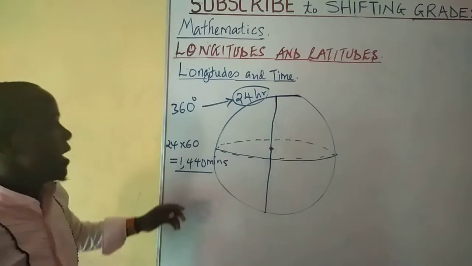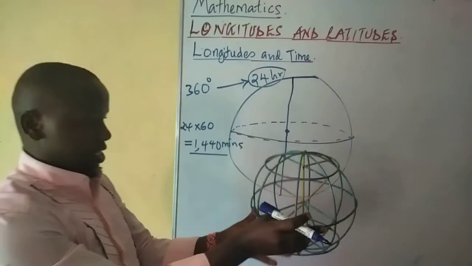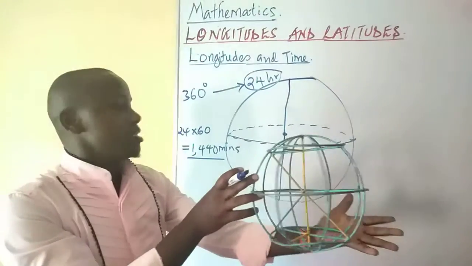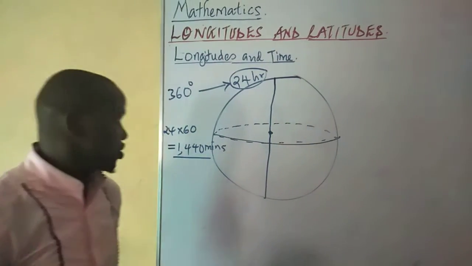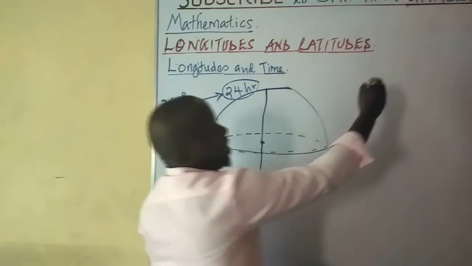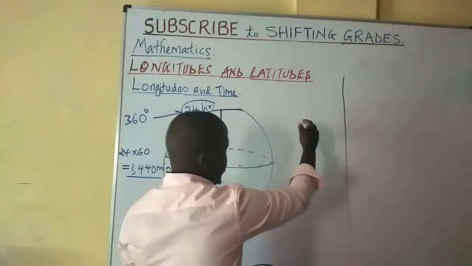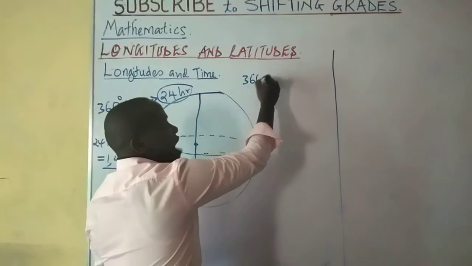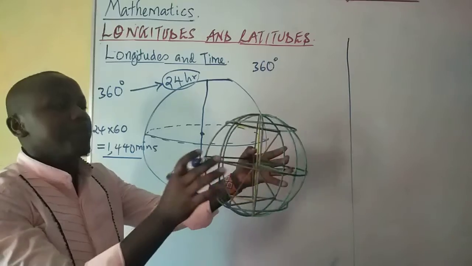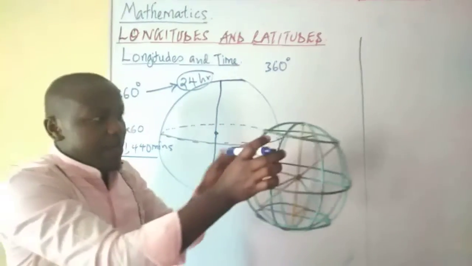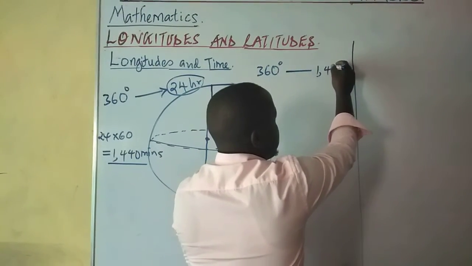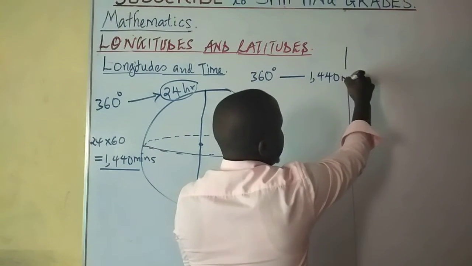Therefore, for the whole globe to rotate from one degree to another until the 360 degrees has rotated, it takes 1440 minutes.